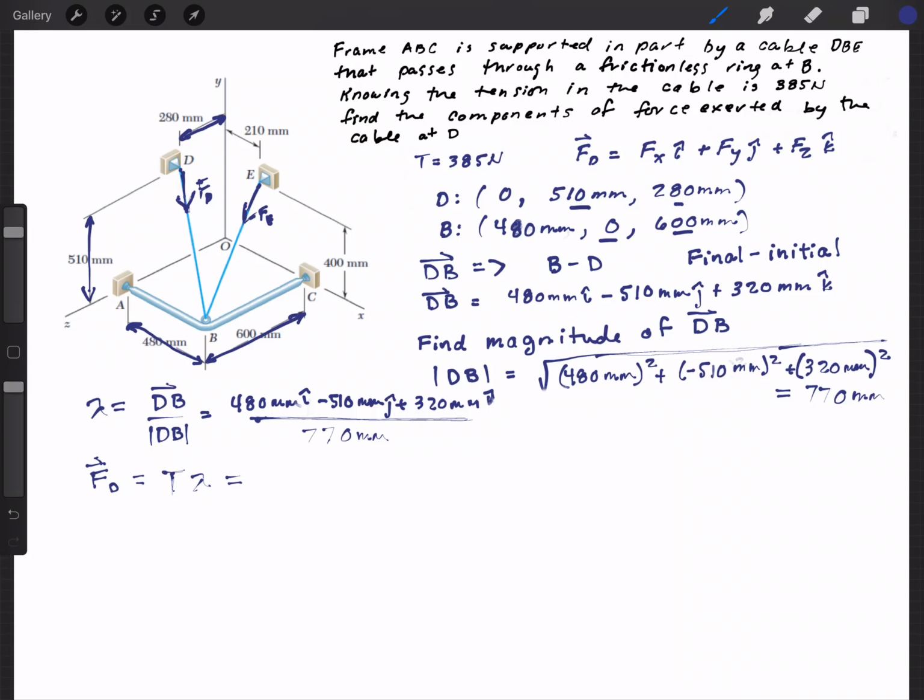So the tension is 385 newtons, and we're going to multiply that by 480 millimeters in the I direction minus 510 millimeters in the J direction plus 320 millimeters in the K direction, all divided by the magnitude, which is 770 millimeters.